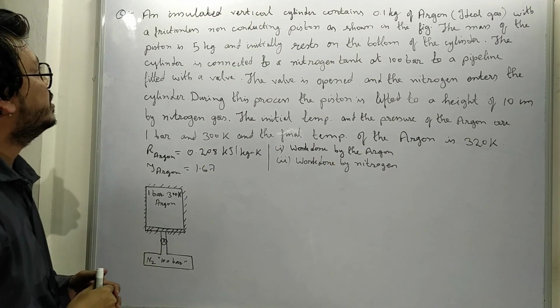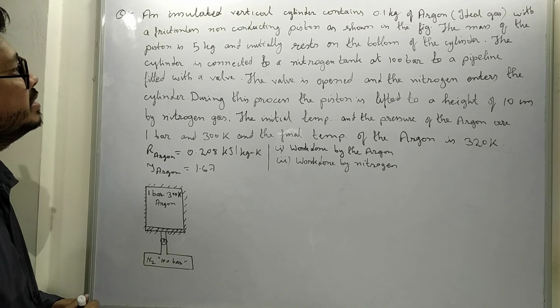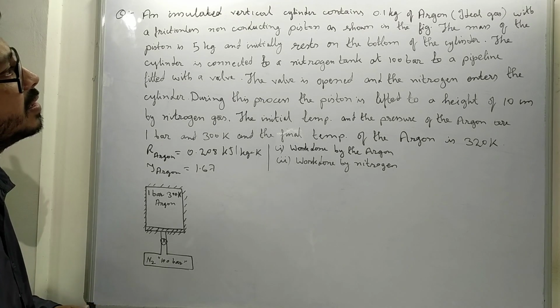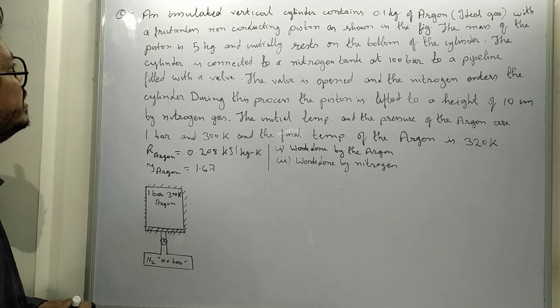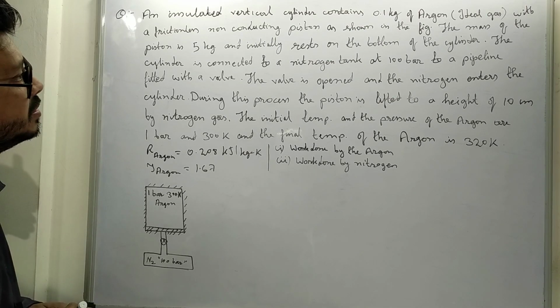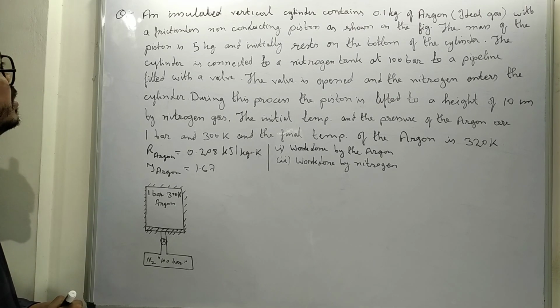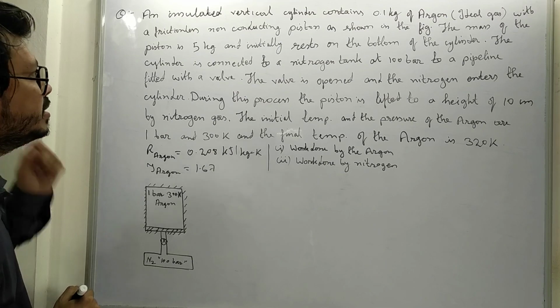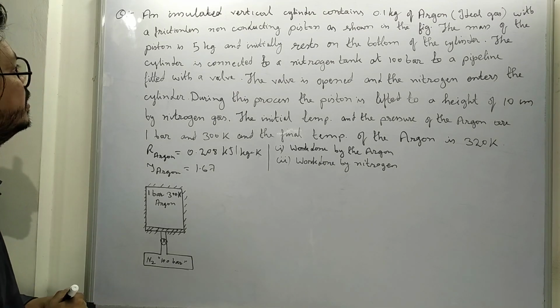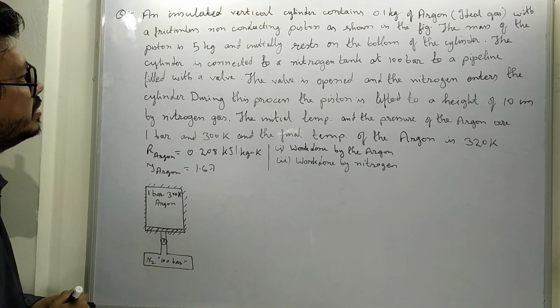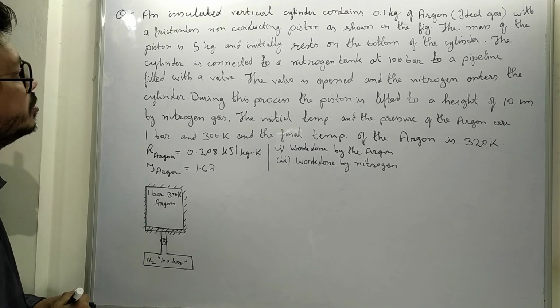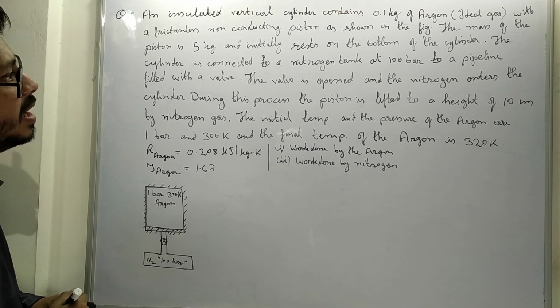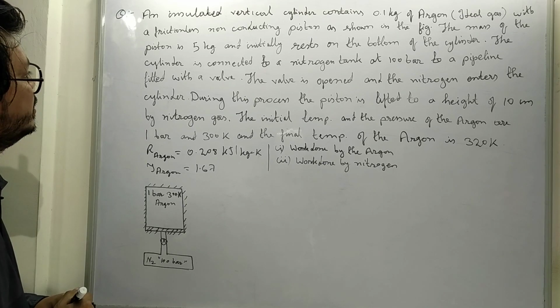Now let us see this question. An insulated vertical cylinder contains 0.1 kg of argon ideal gas with a frictionless non-conducting piston, as shown in the figure. The mass of the piston is 5 kg and it initially rests on the bottom of the cylinder. The cylinder is connected to a nitrogen tank at 100 bar through a pipeline fitted with a valve. The valve is opened and the nitrogen enters the cylinder.